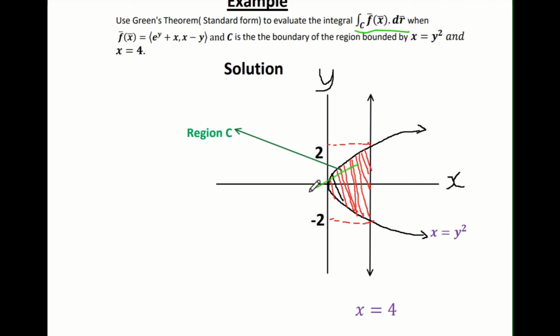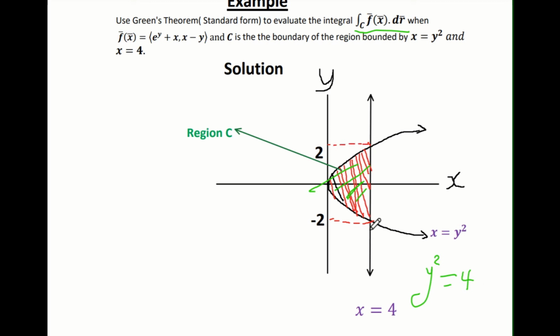This forms this region, which is our region C. To find where these two graphs intersect, you set x equals 4 equal to x equals y squared, meaning y squared equals 4. Then you solve for y, and you get y equals plus or minus 2.